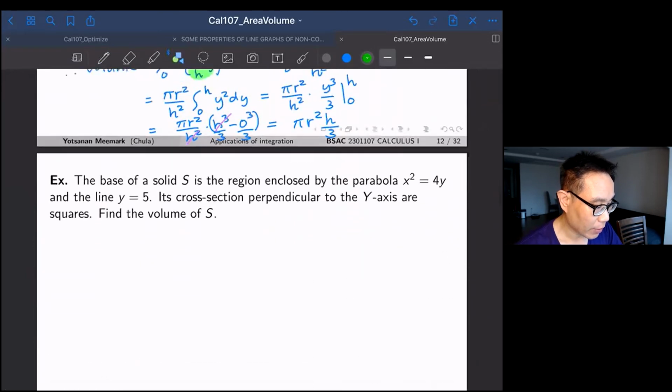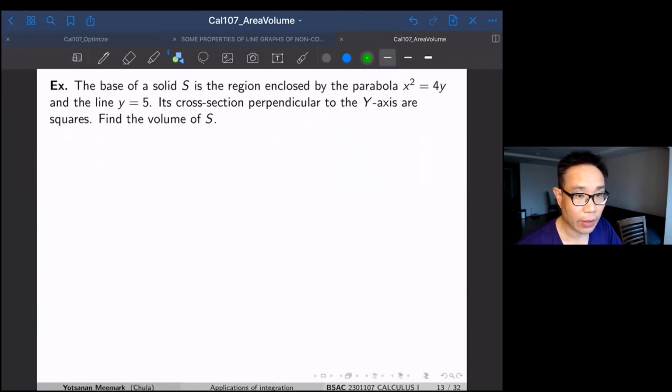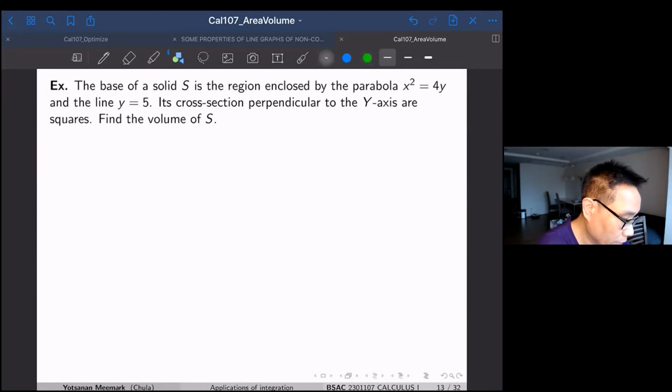The next example that we're going to study is going to be the volume of the solid. However, in this one, the base is the parabola x squared equal to 4y and the line y equal to 5. Okay, so let's draw the base first. So the base that you have here is going to be x and y, and you're going to have your parabola. Let me draw it like this.